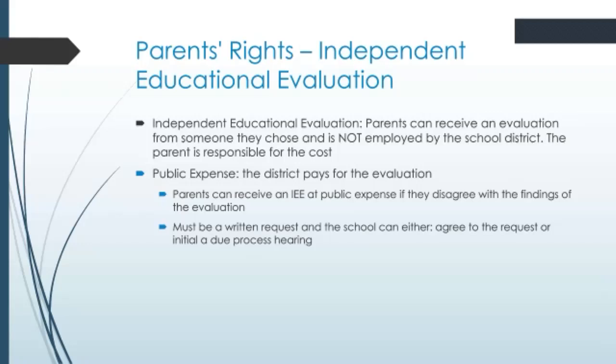There must be a written request, and the school can either agree to the request or initiate a due process hearing for those cases where the parents say, I want you to pay for this, in terms of the findings of the evaluation. So generally, it's easier to go through the school district to get that evaluation process initiated. If you don't agree with the results that they provided, or you feel that your own team members can provide a better, more thorough assessment of your child, you also have that right to do an independent educational evaluation.